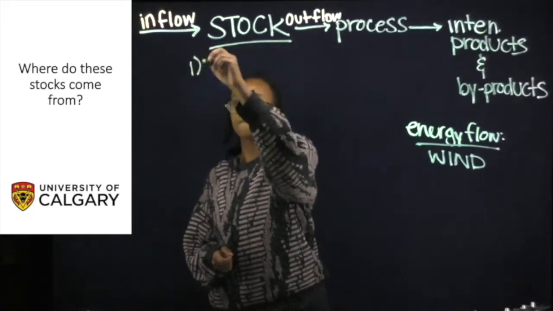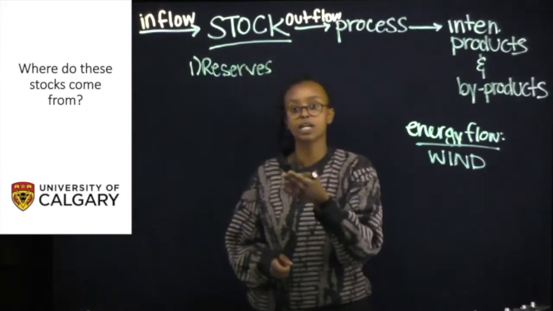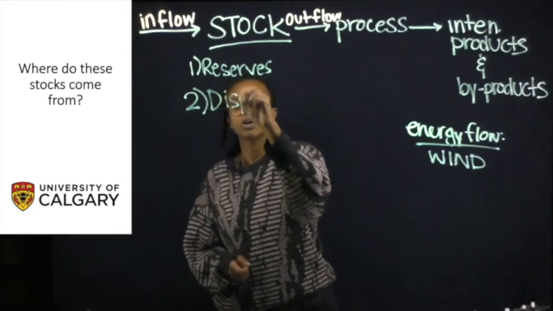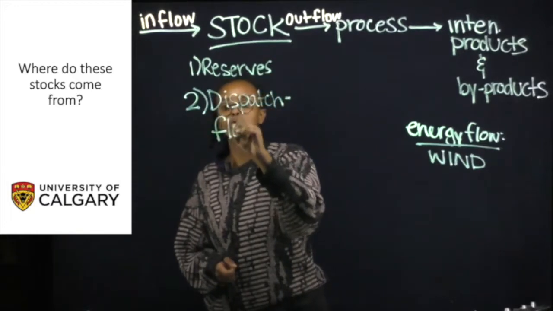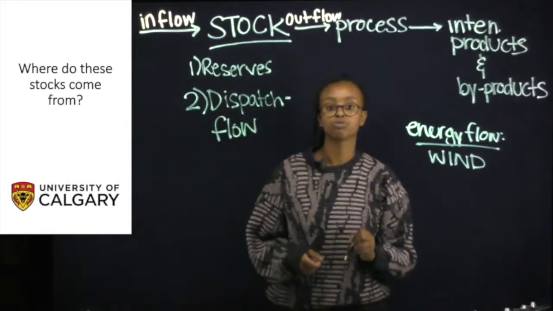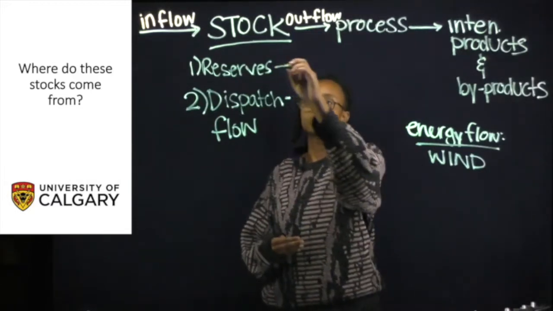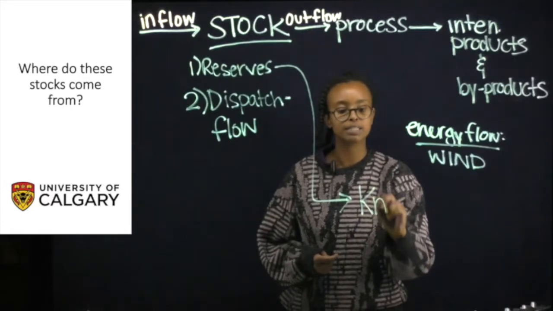They can come from places known as reserves or primary energy known as a dispatchable flow. So, for a natural resource to be considered a reserve, we must know that it exists.